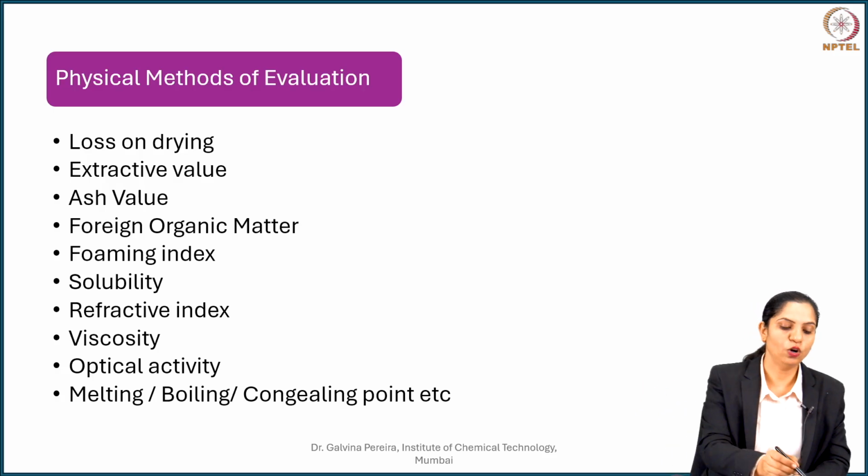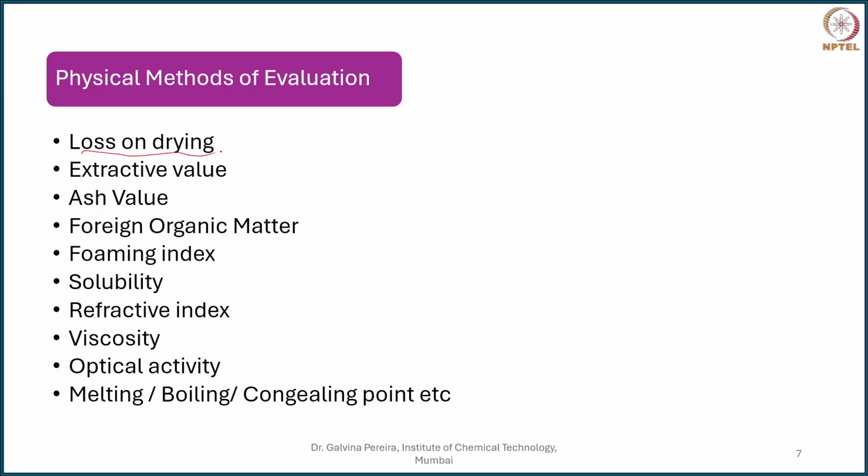We call it loss on drying. So loss on drying is an indicator of moisture as well as volatile impurities. This also includes losses due to solvents.